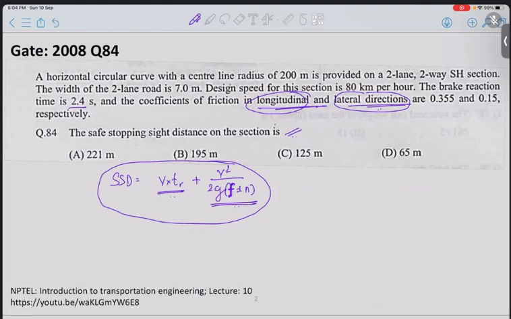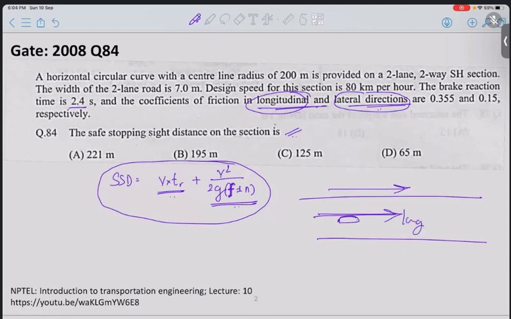Let me just tell briefly. This is a road. This is the direction of movement. The friction coefficient in this direction between the tire and the road is called longitudinal. And if you remember, when we talk about horizontal curves, we say that we have to have some friction so that the vehicle, if it is taking a turn, doesn't skid.